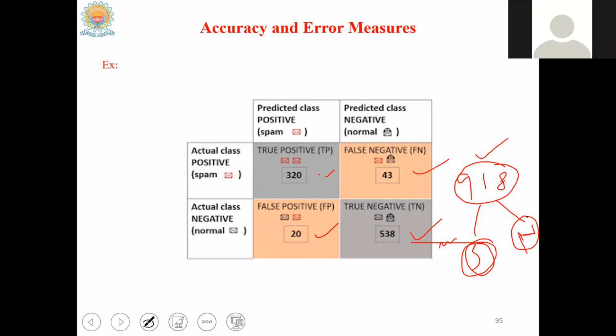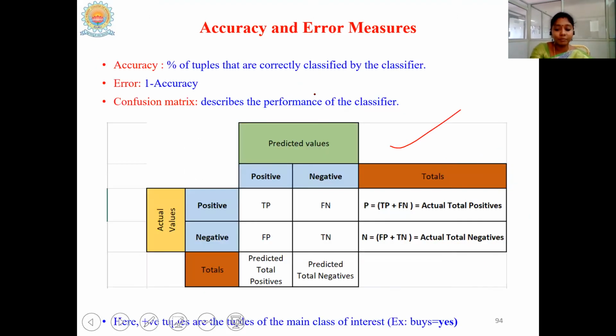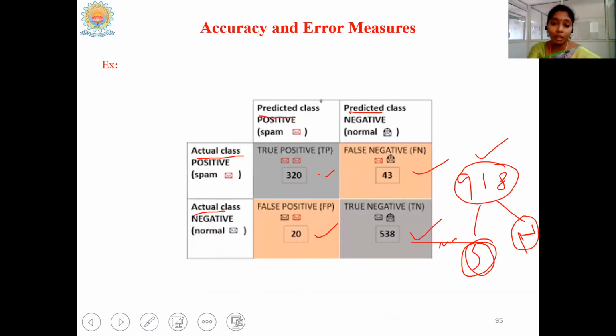Yes ma'am. Okay, let me explain each and every value here. First I have 320. If you observe, here we have actual and here we have predicted.